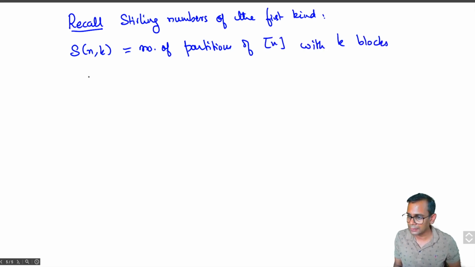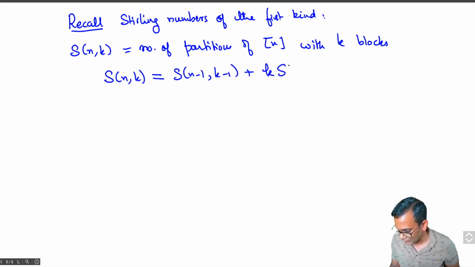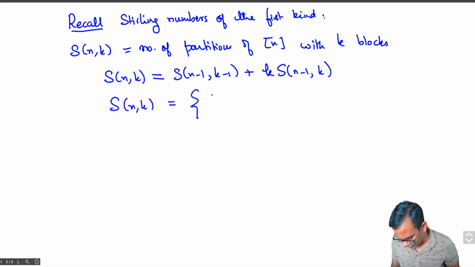And the recurrence relation for this, again, not difficult to show: S(n,k) is S(n-1,k-1) plus k times S(n-1,k).